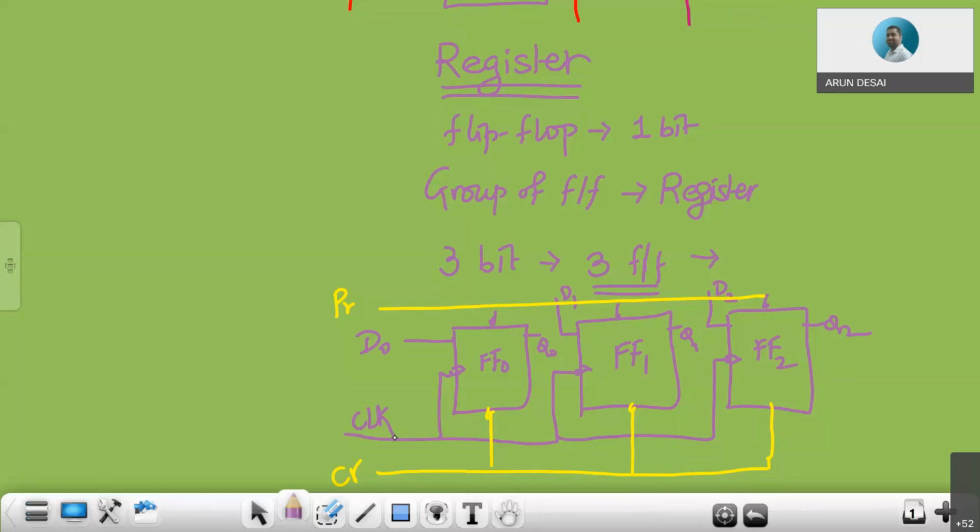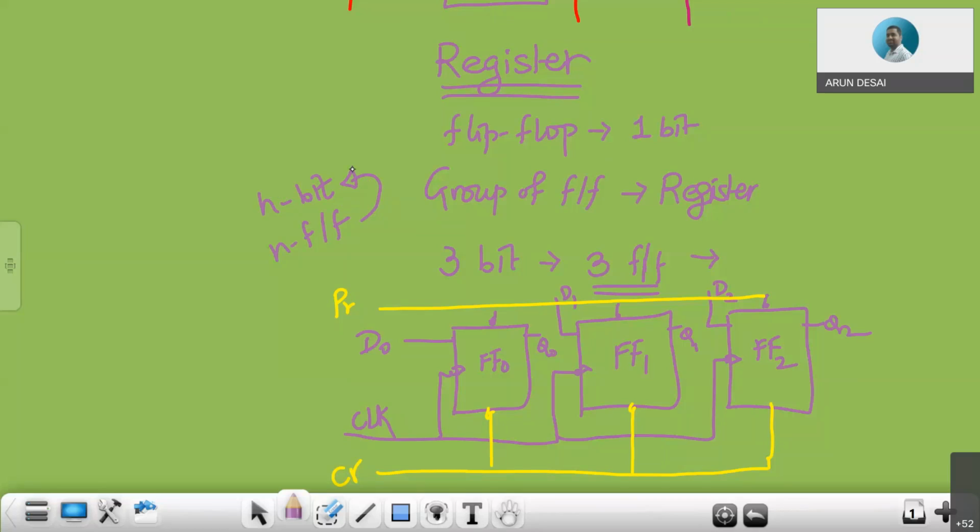If you require to store n number of bits in a register, then n number of flip flops are required. So if you are going to store 3 bits, you require 3 flip flops. If you want to store 4 bits in that register, then you require 4 flip flops for that register, right?